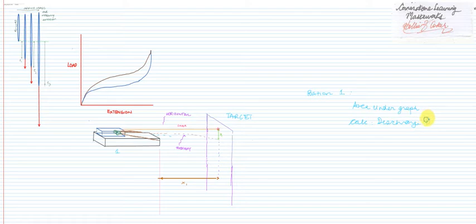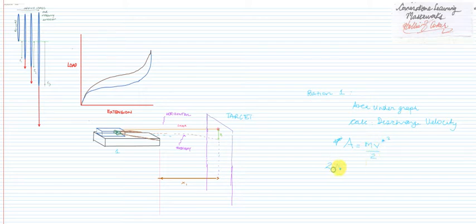Of course, in your plan design you'll have the formulas I just showed you. The area under the graph will be equal to m v star squared on 2.